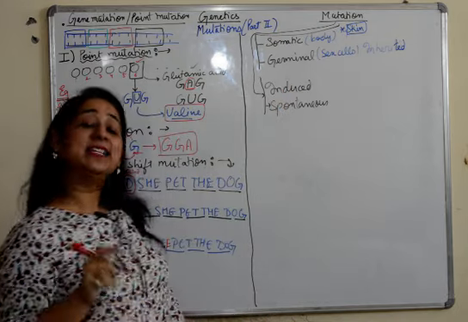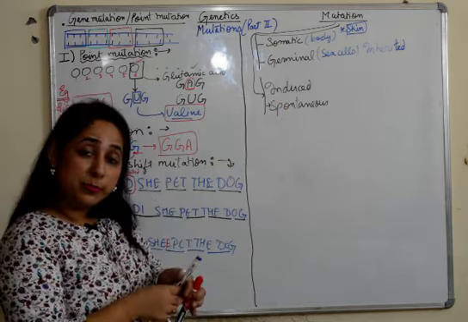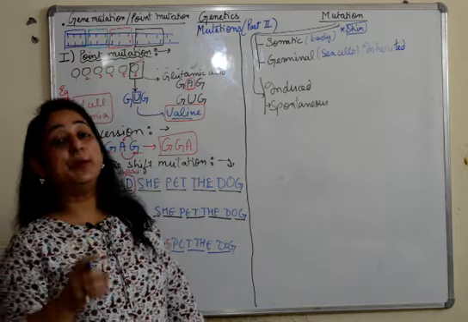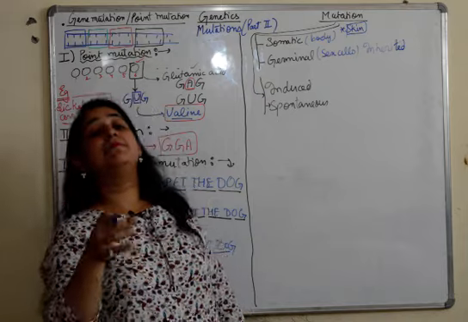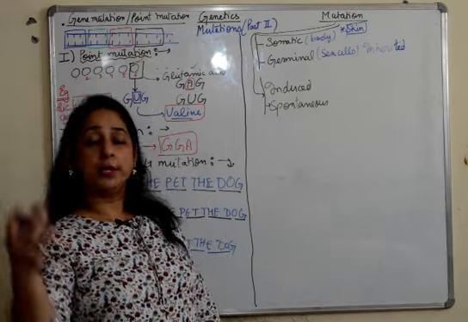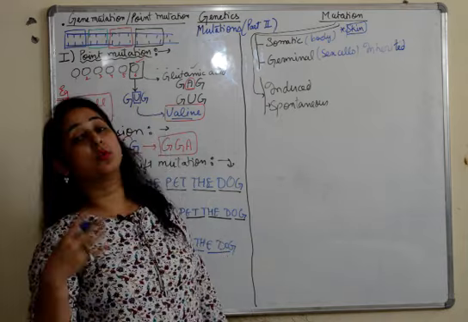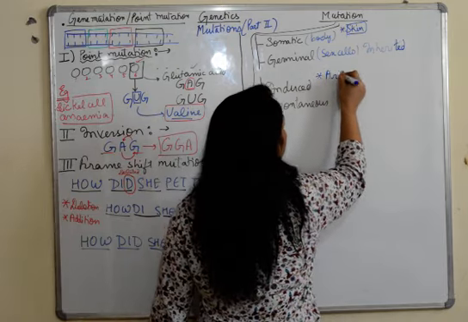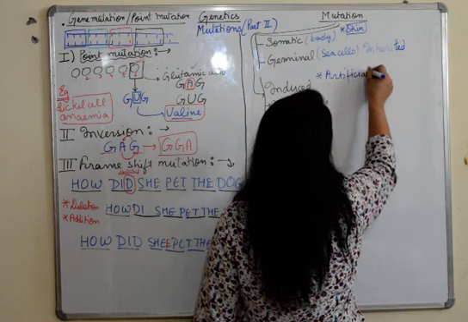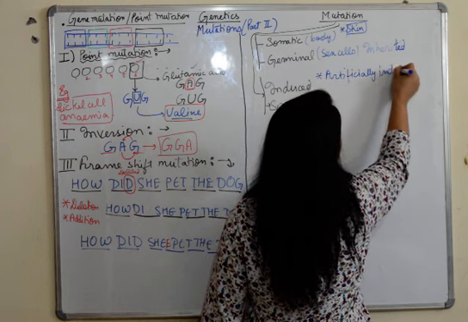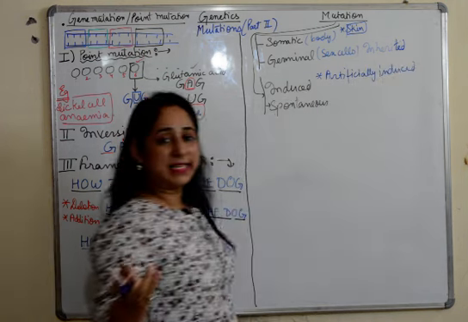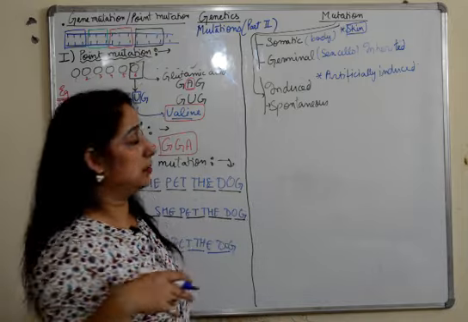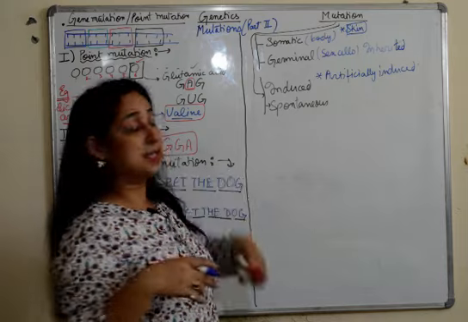Induced mutation is the one which humans artificially induce in plants to get better quality products, or induce in animals also to get better quality products. So induced are the ones which are artificially induced to get desired results. For this we use different types of mutagens, the chemicals which we had discussed earlier. So induced mutation is this.